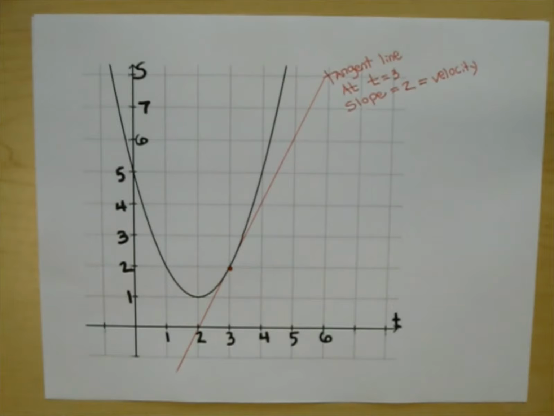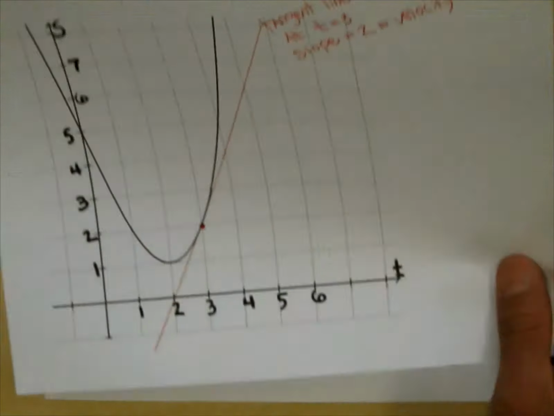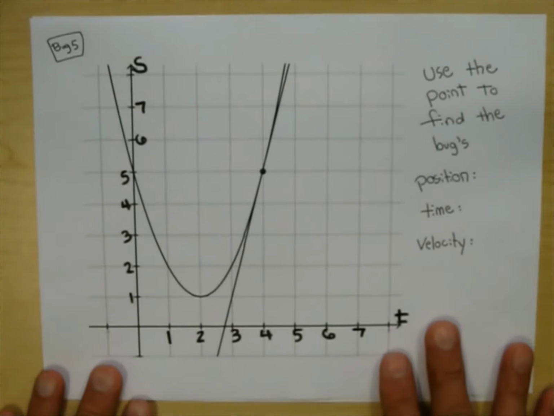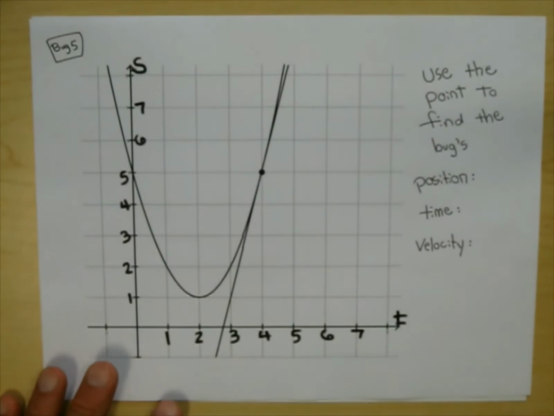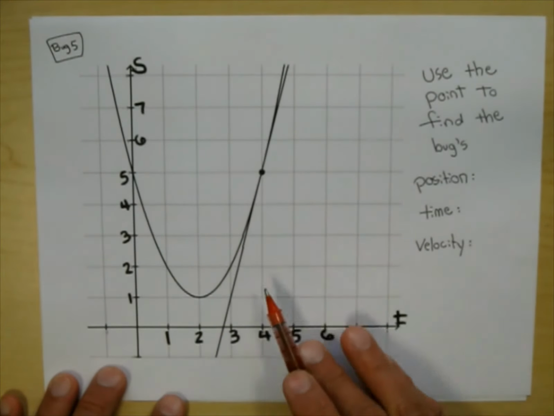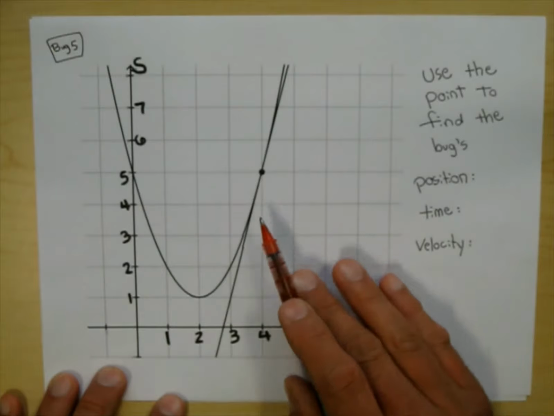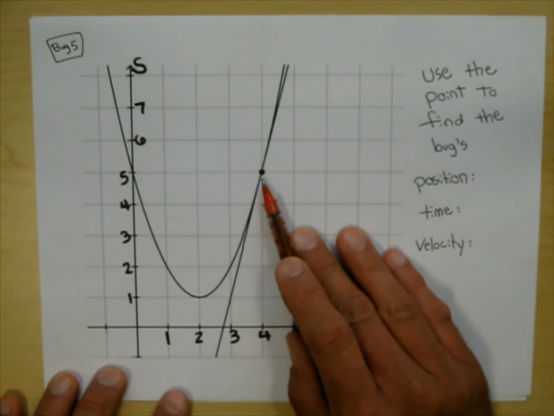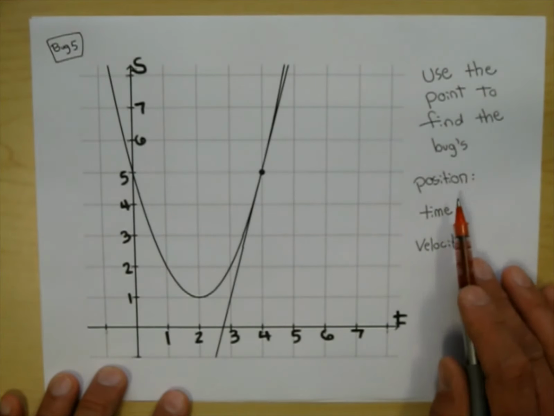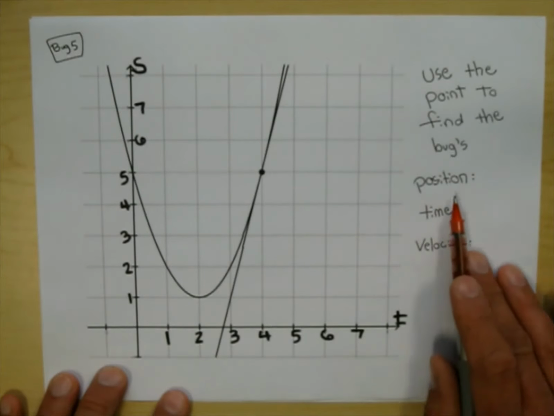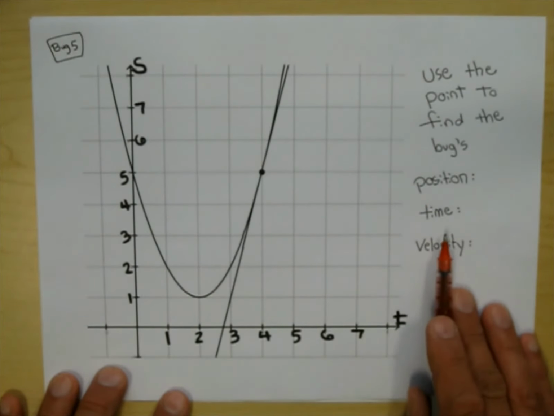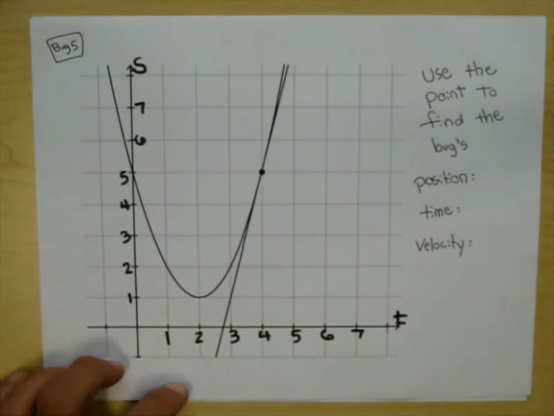Bug 5. I'm going to give you the same graph, but now I use a different point. So here's a different point right here. This point is (4, 5). And it says use the point to find the bug's position, time, velocity. I think I switched them around accidentally, but let's just look at this point.